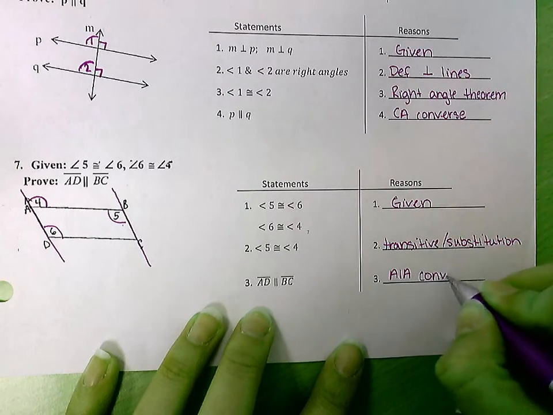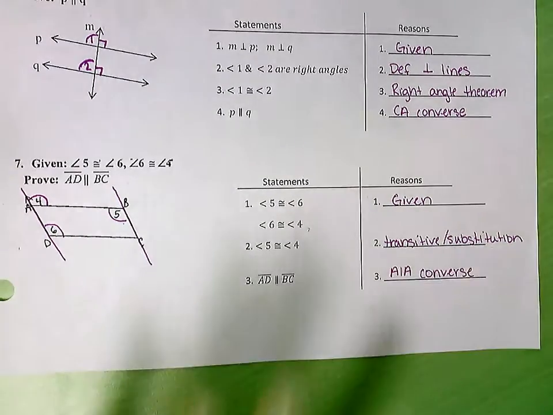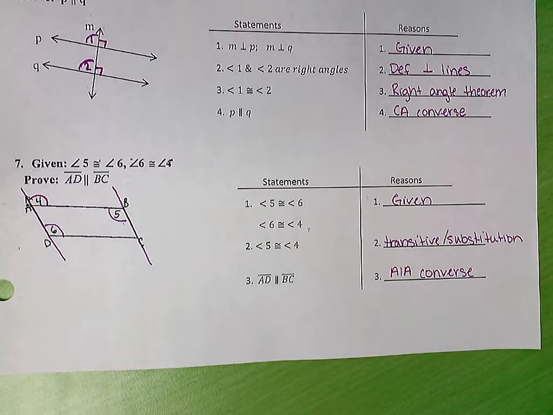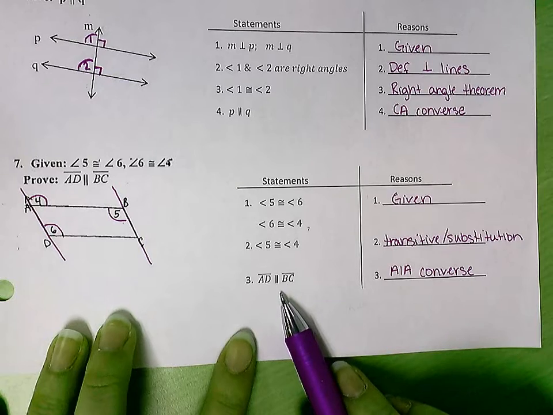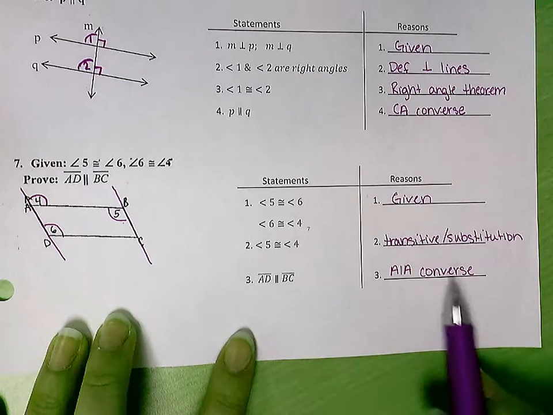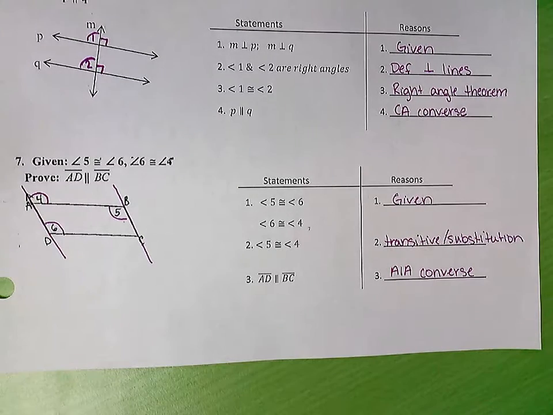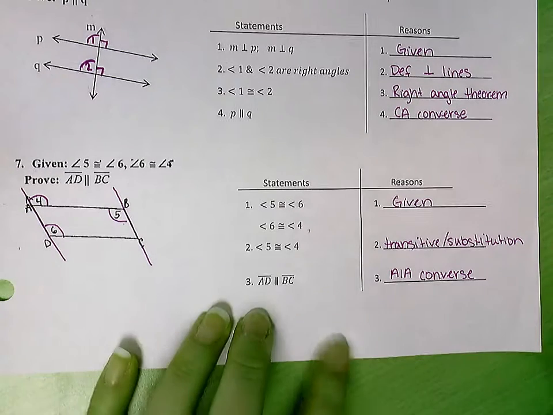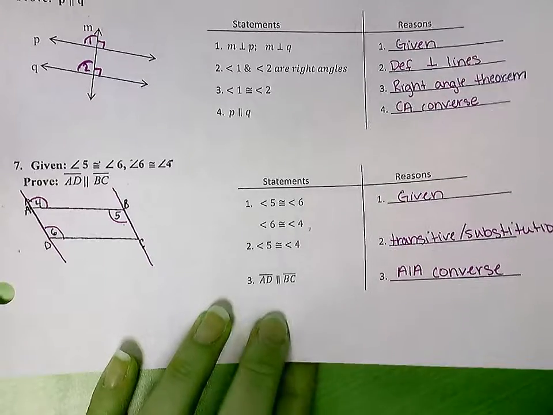So by that converse, those lines are parallel. Again, when you're proving lines parallel, so if your last step looks like this, two lines parallel to each other, you use a converse. Questions on 7? Okay.